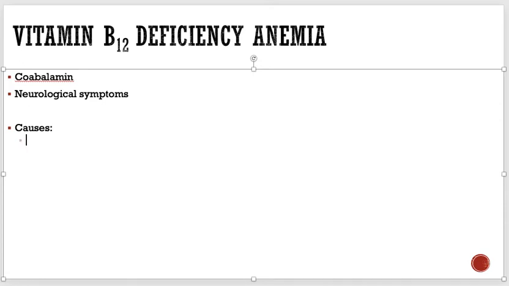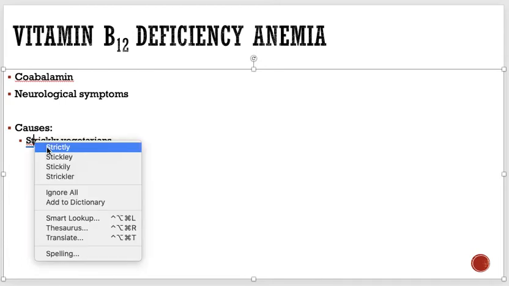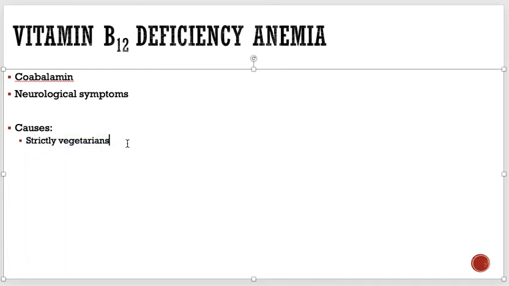So the people who are strictly vegetarians are the ones who can develop this kind of anemia. And of course malnutrition should come as well, in which you are having not just one deficiency, but a lot of deficiencies.